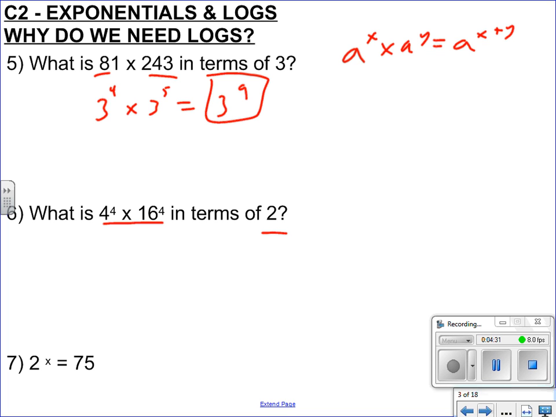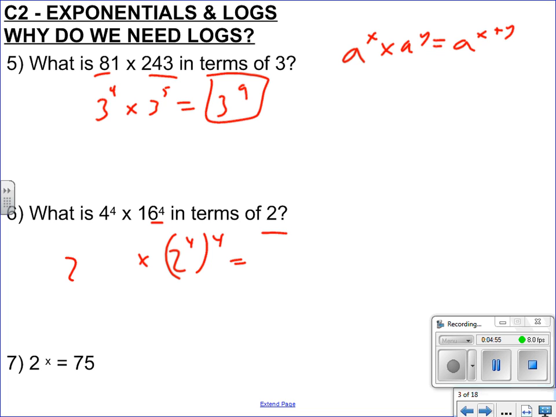What's this in terms of 2? Well, again, 4 is 2 squared. We've still got that 4 times by 16. So 16 is the same as 2 to the power of 4, and that's all to the 4. What have I done here?